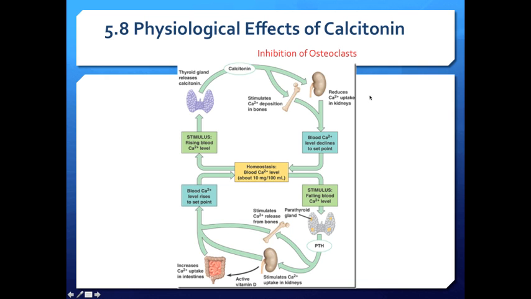This chart shows multiple steps and processes. I'm only interested in highlighting the top part of it, where calcitonin has a direct effect on osteoclasts by inhibiting them. That, in turn, will stimulate calcium deposition in bones, which is really what we want. Calcitonin is only released if there's a peak or an increased concentration of calcium in blood, so we probably have more than what we need.